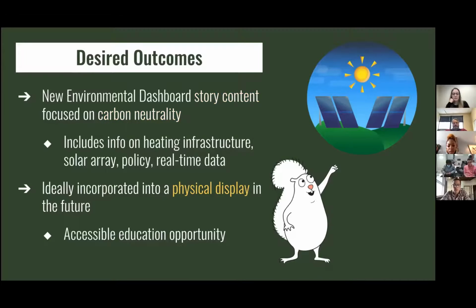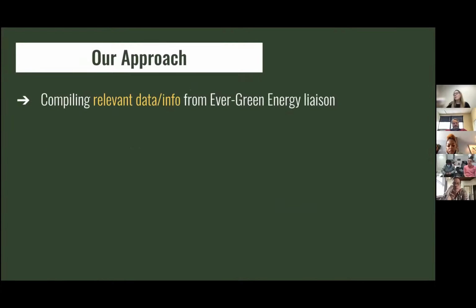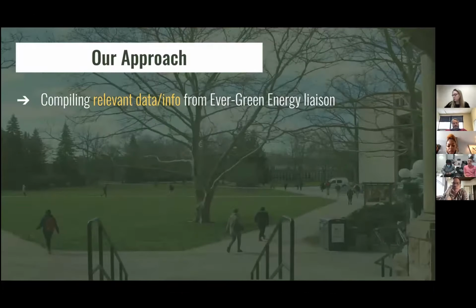And this content will ideally be incorporated into a physical display in the future that will provide an accessible opportunity to educate the Oberlin College community on all of the carbon neutrality efforts. Right, so this physical display will be in the Wilder Bowl as planned.